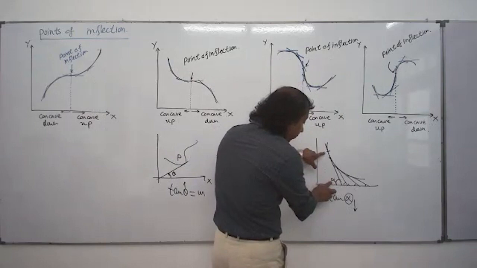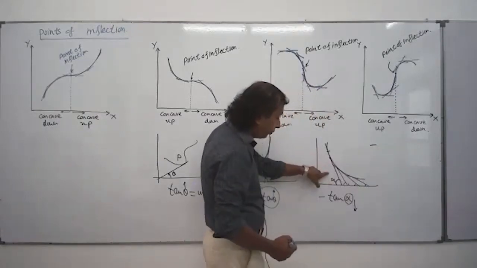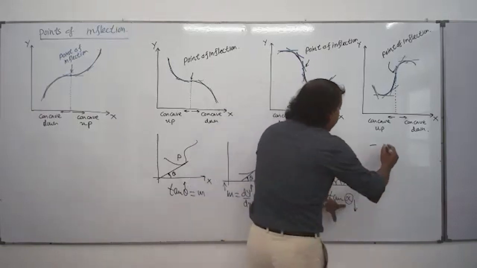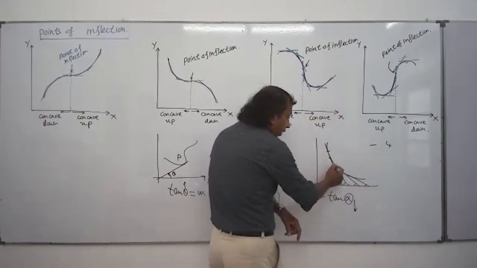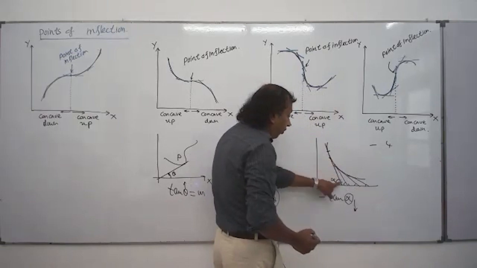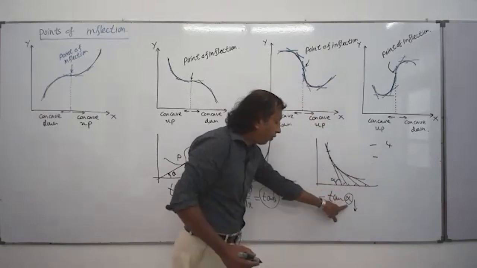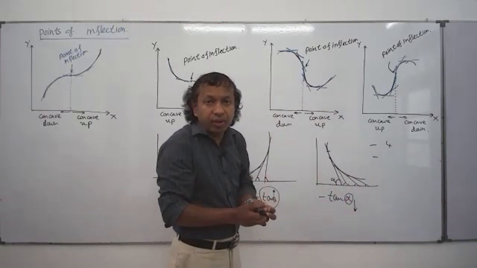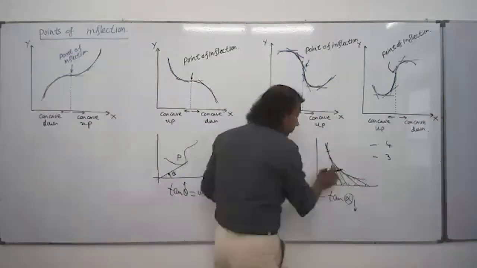Somewhere here, angle alpha is greater, no? Then the gradient I write as minus tan alpha, which will get a greater value, like 4. That is somewhere here, suppose. When I come to somewhere here, alpha, this angle, is smaller than the earlier, but still having a minus sign. Alpha going down means tan alpha also going down. Suppose tan alpha for the small angle now is 3. Then we get gradient as minus 3 somewhere here.